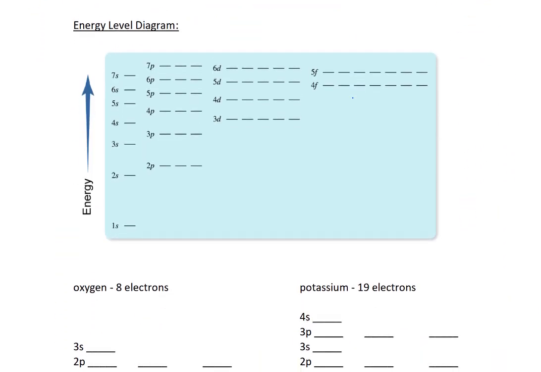So let's look at an energy level diagram to try and make this simpler in a pictorial fashion. Here we have all of our s orbitals, all of our p orbitals, all of our d orbitals, and all of our f orbitals. They are arranged with respect to energy, where the lowest energy orbital is down here and the highest energy orbital is up here. So your 1s is your lowest energy orbital. Then next comes your 2s.